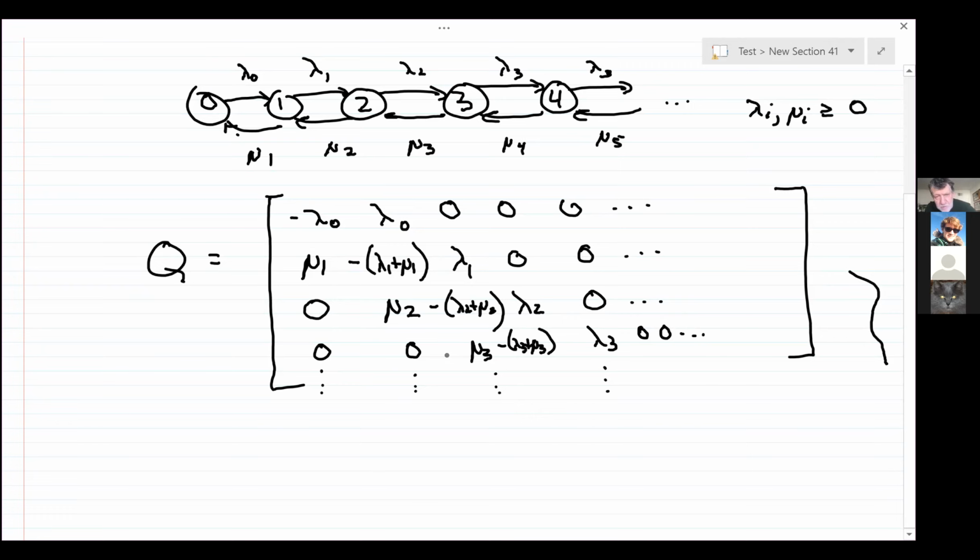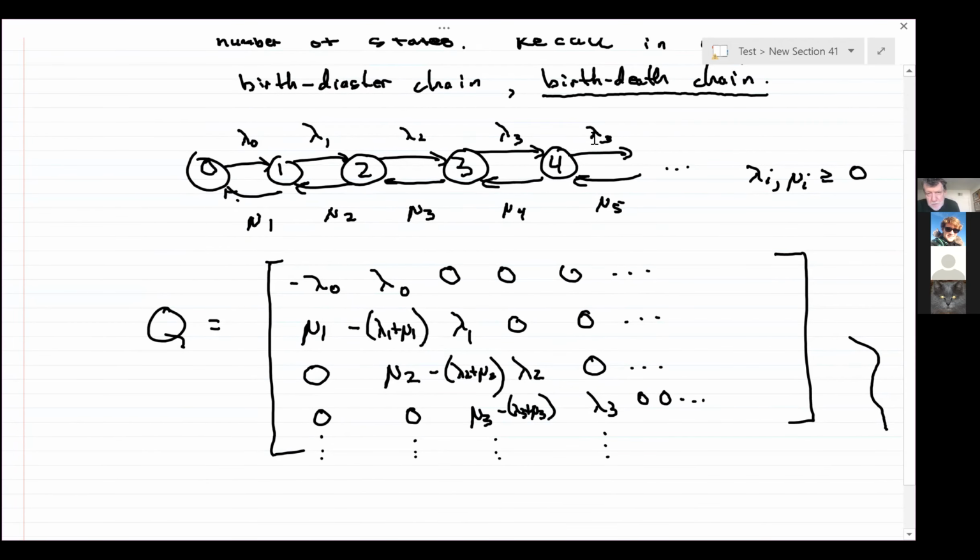Let's see if we can find... So I'm assuming, by the fact that I've got all these arrows in the diagram, that all these rates are positive, right? If the rates were actually 0, then we wouldn't be able to get around. It wouldn't be irreducible, and so we don't want to assume that. So I'm assuming all these rates are greater than or equal to 0.